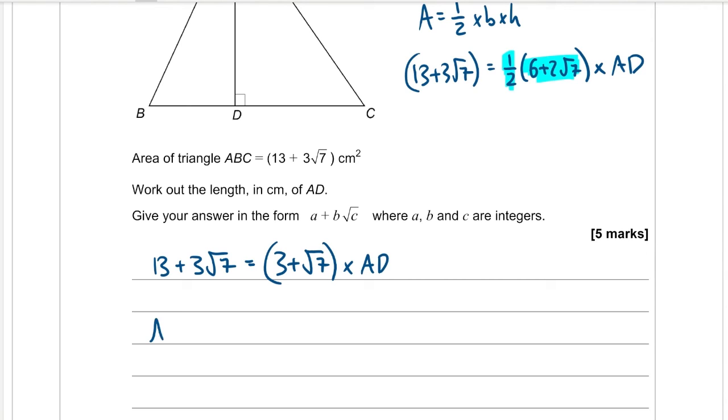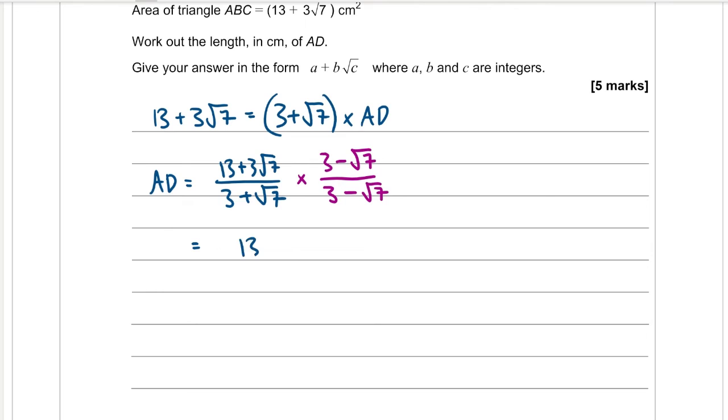So AD will be equal to 13 plus 3 root 7 divided by 3 plus root 7. I'm going to have to rationalise that. So I multiply top and bottom by the same as the denominator, but with the sign switched, so the actual value does not change at all because essentially we're timesing by 1.